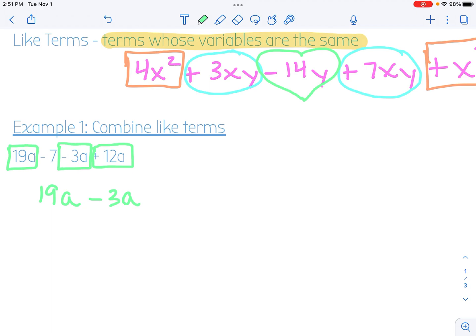This is why it's important to include the signs in your groupings. So now with PEMDAS, we go left to right. 19a minus 3a is going to be 16a. And then I'm going to include the plus 12a.